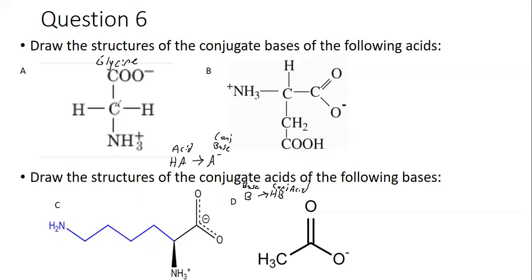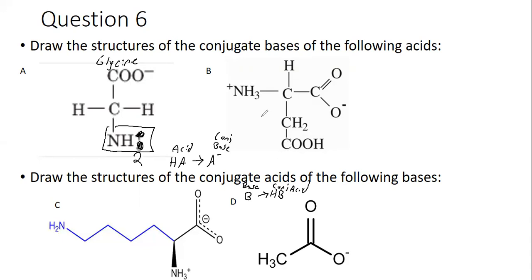Remember, an amino acid is NH3, C double bond O. And if it's an acid, it's going to lose a proton. Here is the only acidic proton. Remember, if it's a hydrogen connected to a carbon, they're not going to be acidic. So the conjugate base is just going to be NH2, no charge now.